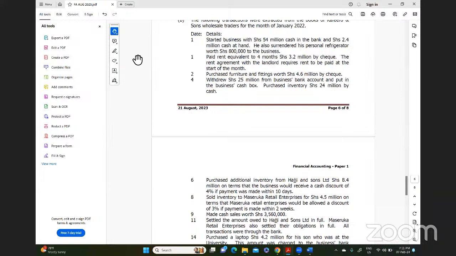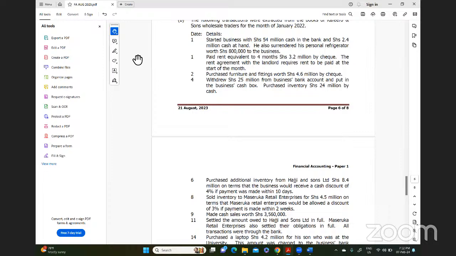Now, in the month of January, the expense that you have incurred called rent cannot be 3.2. Can we say that in the month of January, we have incurred rent of 3.2? We can't say that simply because the 3.2 relates to 4 months.